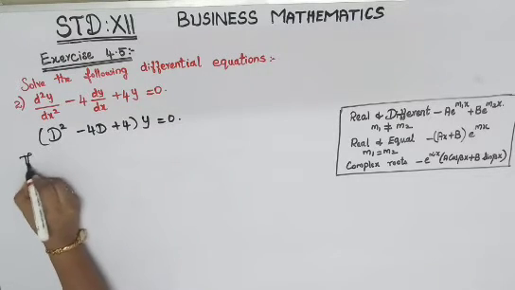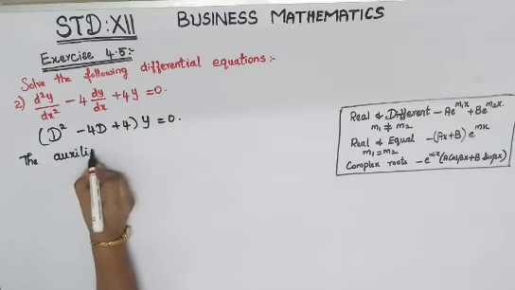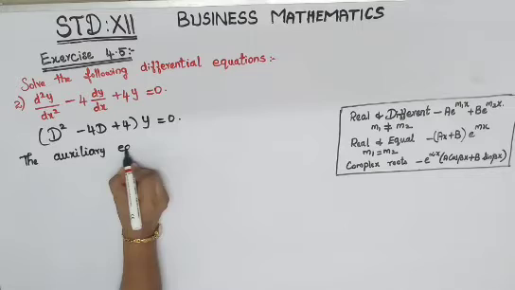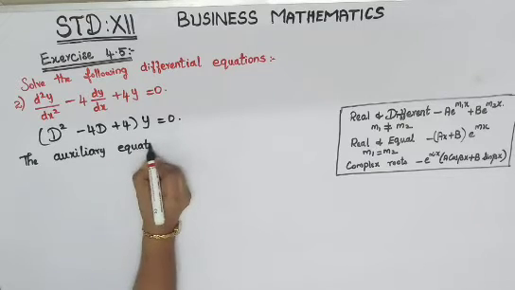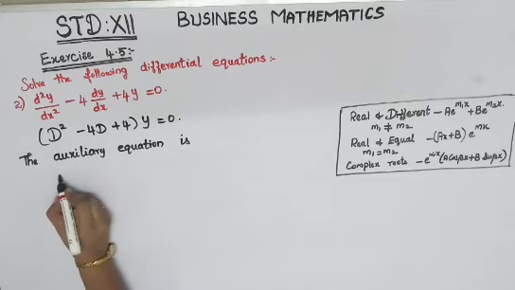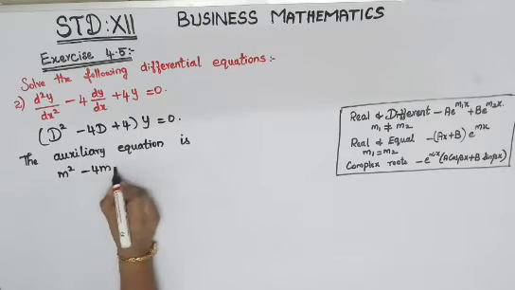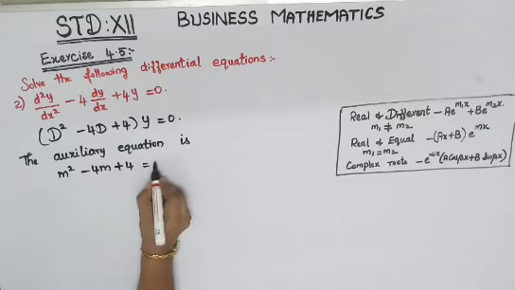Therefore the auxiliary equation is: convert your D to m. So m square minus 4m plus 4 is equal to 0.